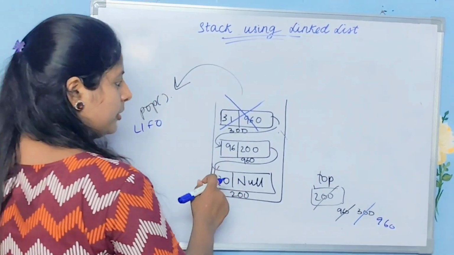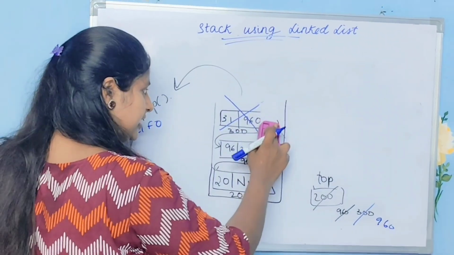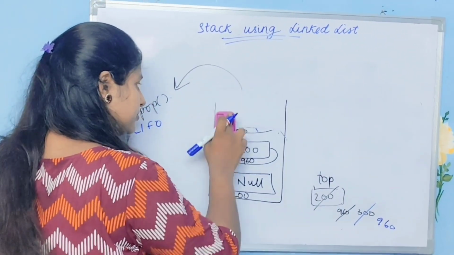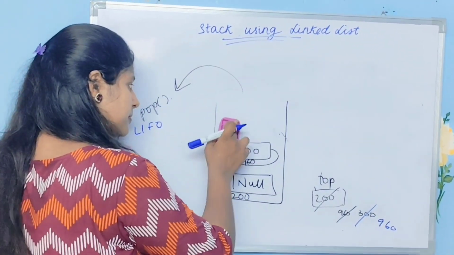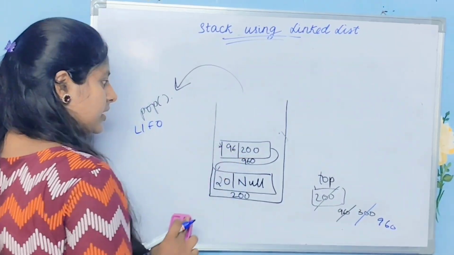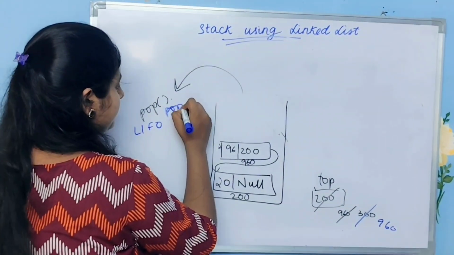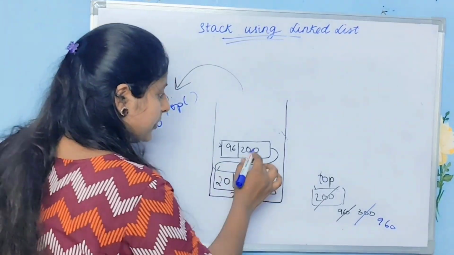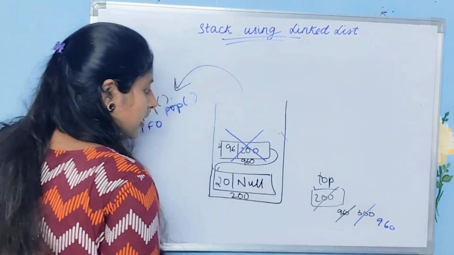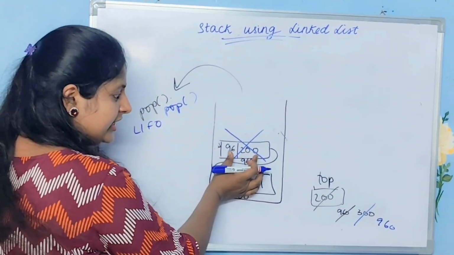Now my top is 960. Now I have deleted this. Now I try to pop one more time. After deletion, my top will be pointing to the deleted element's next.